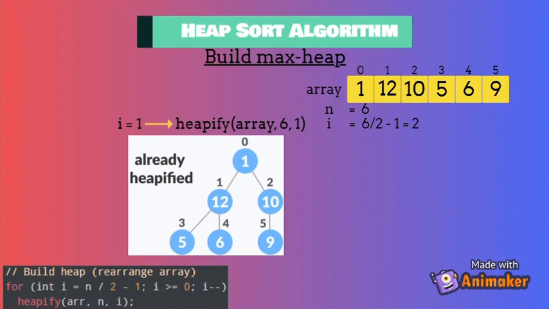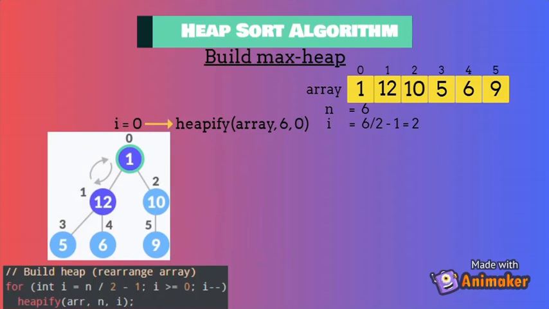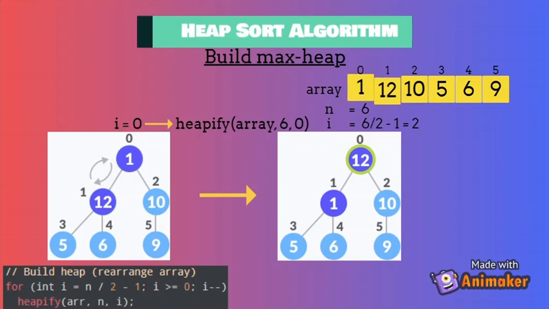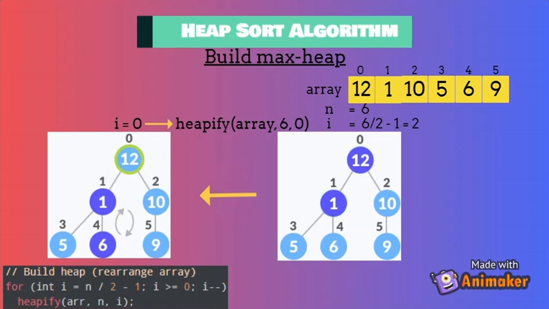Second, i equal to 1. Heapify array 6, 1. It is already heapified. Finally, i equal to 0. Heapify array 6, 0. 1 is smaller than 12, so 12 moves up. 1 is smaller than 6, so 6 moves up.